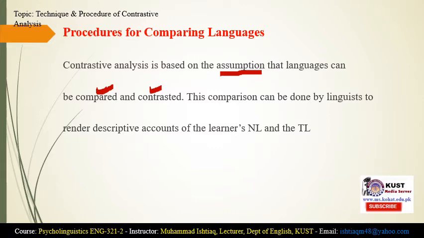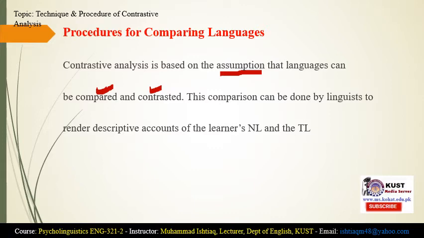So this comparison can be done by linguists to render descriptive accounts of the learner's native language and the target language. So the comparison and contrast is actually carried out by linguists or analysts or researchers or students or whosoever it is.